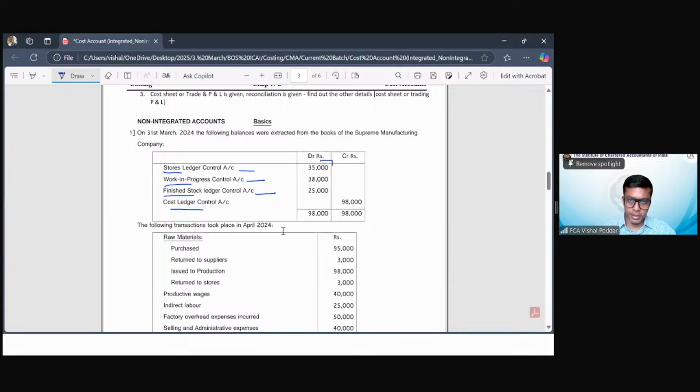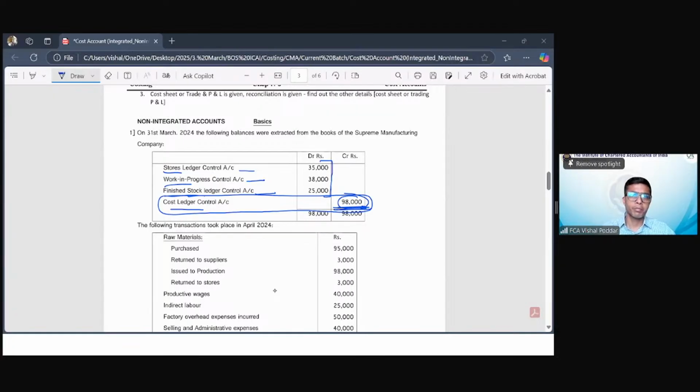So remember this, the net effect of all these accounts will be reflecting in CLC, which will be helpful if in a question this opening balance is not given, but all other balances are given. So remember, the opening balance of this is the net effect of all the other opening balances, because your opening balance sheet is always tallied. So just remember this analogy and logic, which you can apply whenever the opening balance of CLC is not given.